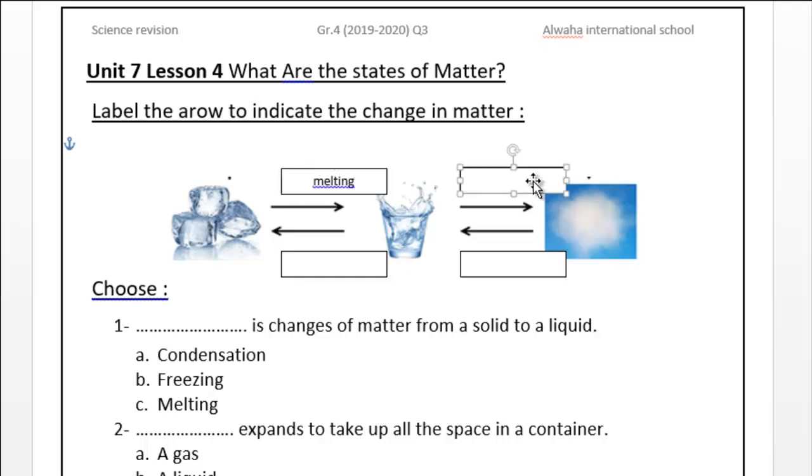And from liquid to gas, this is called evaporation.